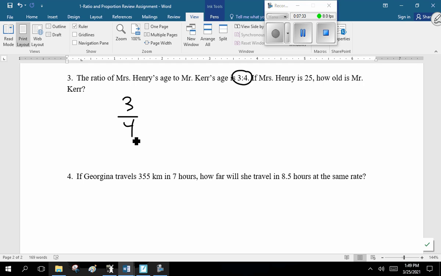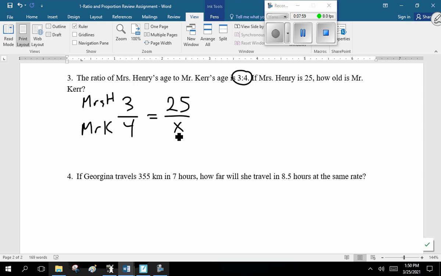Mrs. Henry is 25, Mr. Kerr is x. Once you get the equation, it's easy. We'll be doing more of these word questions in the second half, but I want to make certain you can do them when you get to them.